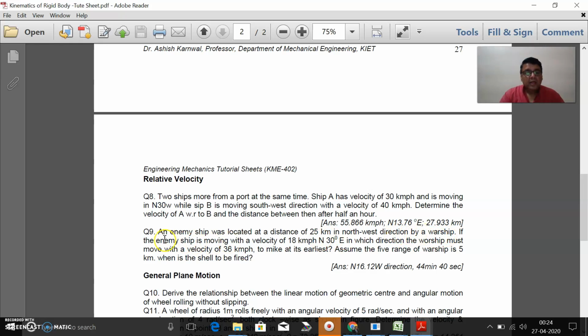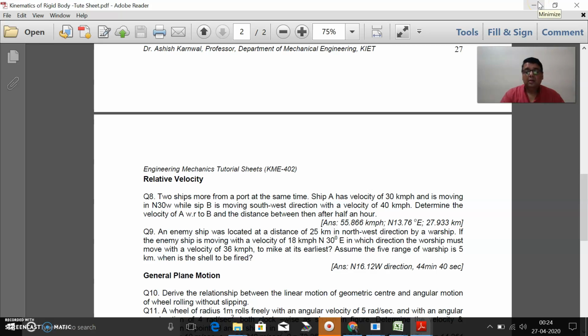If the enemy ship is moving with a velocity of 18 km per hour north 30 degree east, in which direction the warship must move with a velocity of 36 km per hour to strike at its earliest. Assume the fire range of the warship is 5 km. When is the shell to be fired?